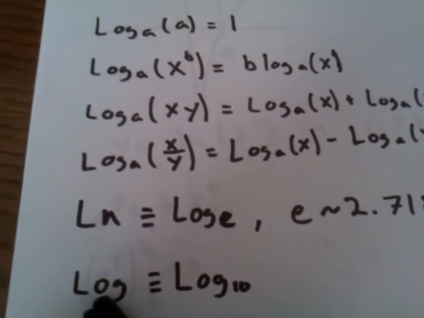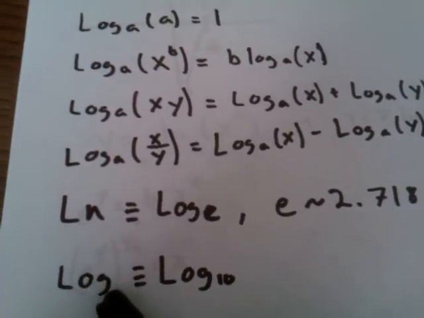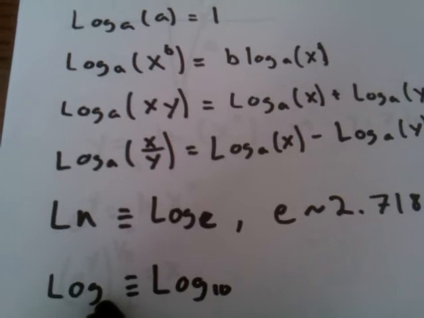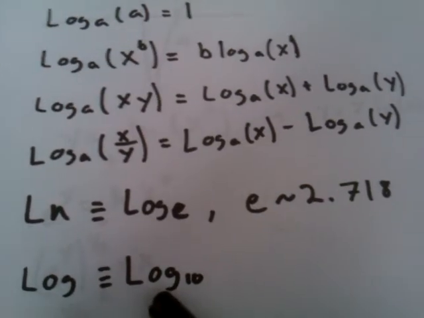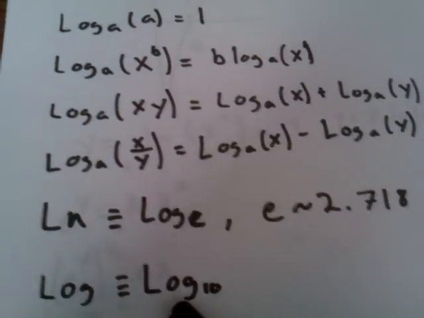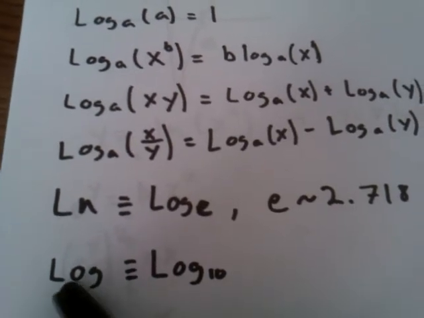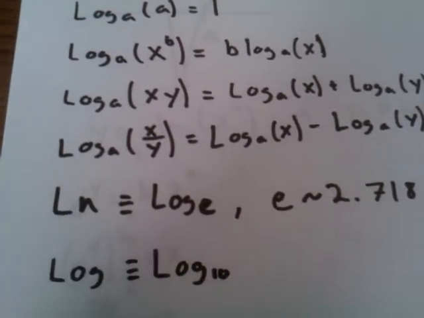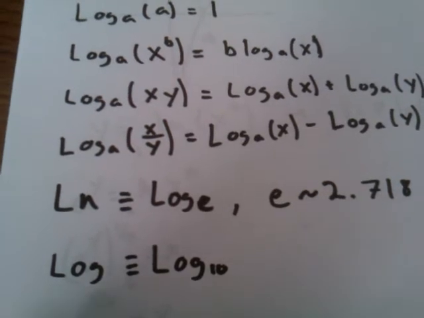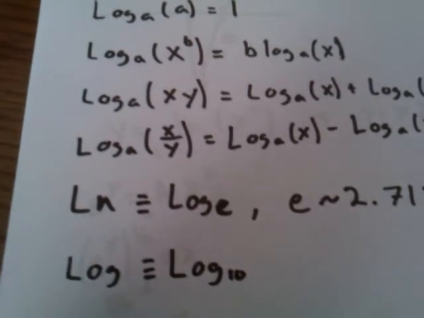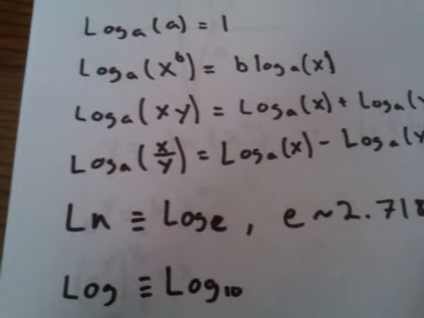You'll also see log where they leave out numbers, and most of the time that means log base 10. When you get into more advanced math classes, they'll use this to mean natural log, which is kind of confusing, but that's just how it is. I don't know why.